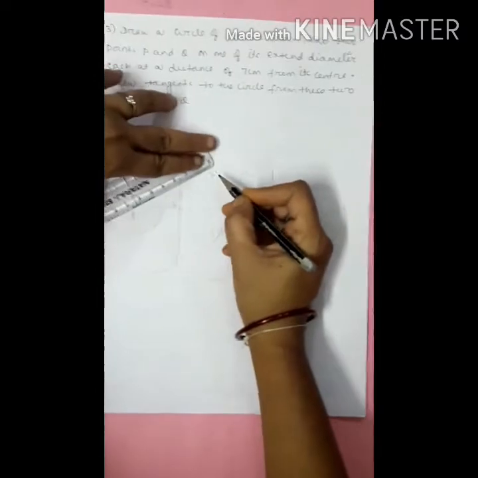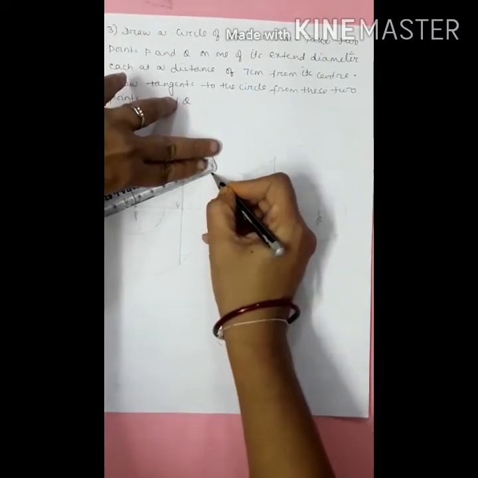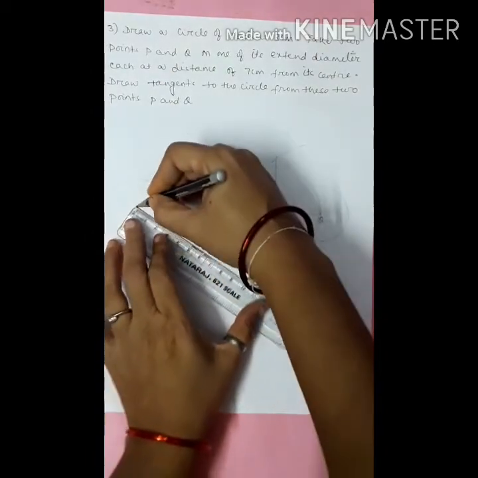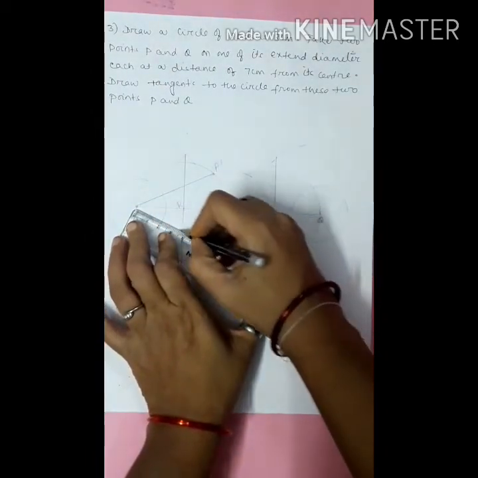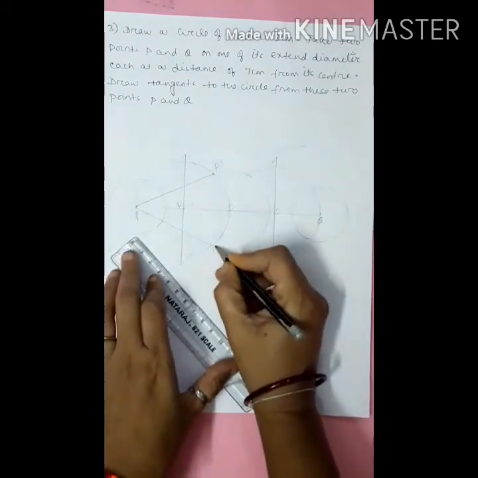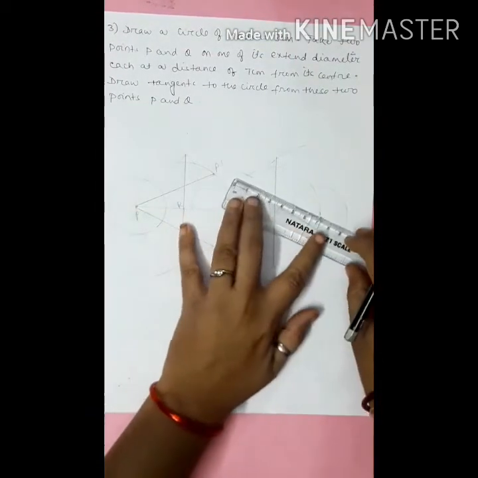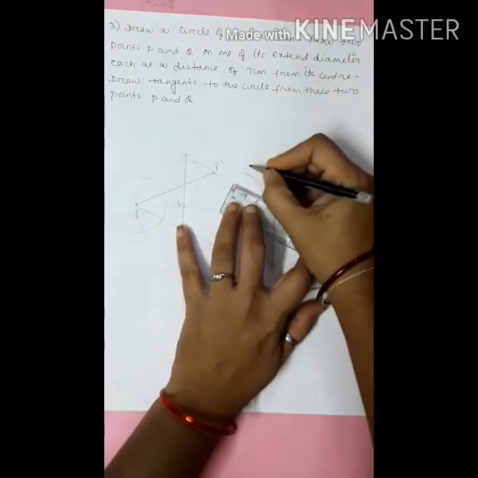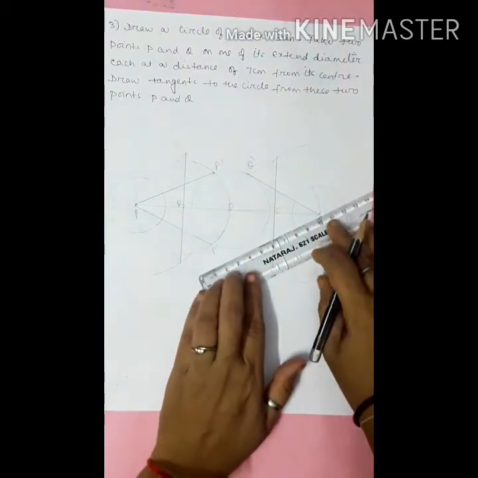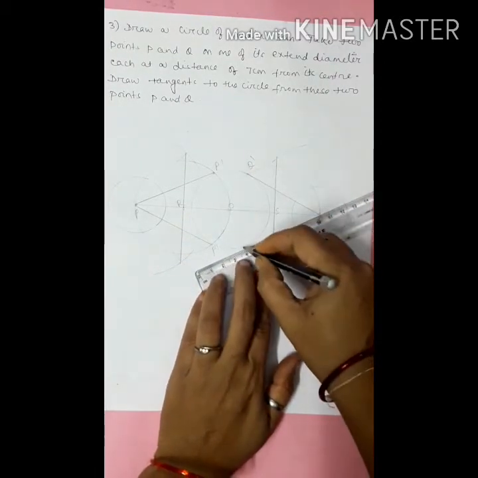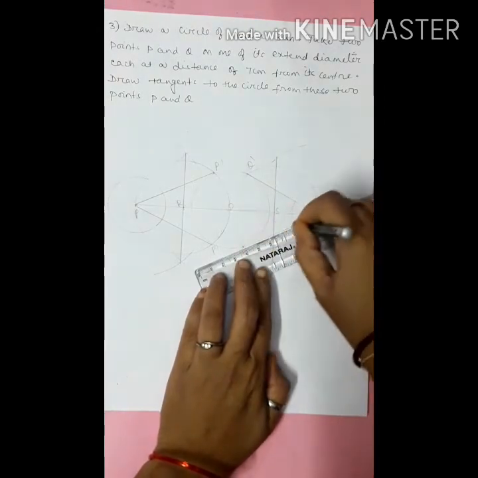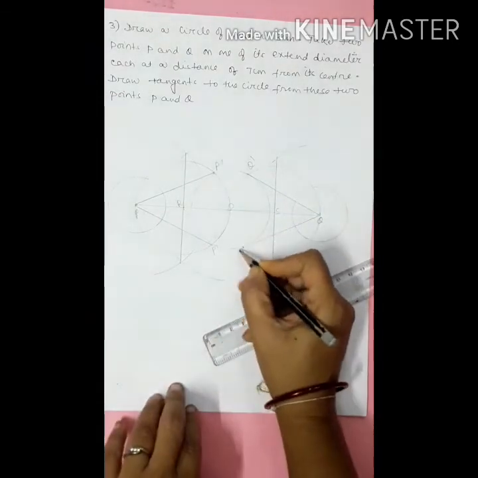So you have to join this one, make this point P dash, and join from P to this point, that is P double dash. From Q to this point Q dash. See, this circle is intersecting at this point, this is Q dash, and Q double dash.